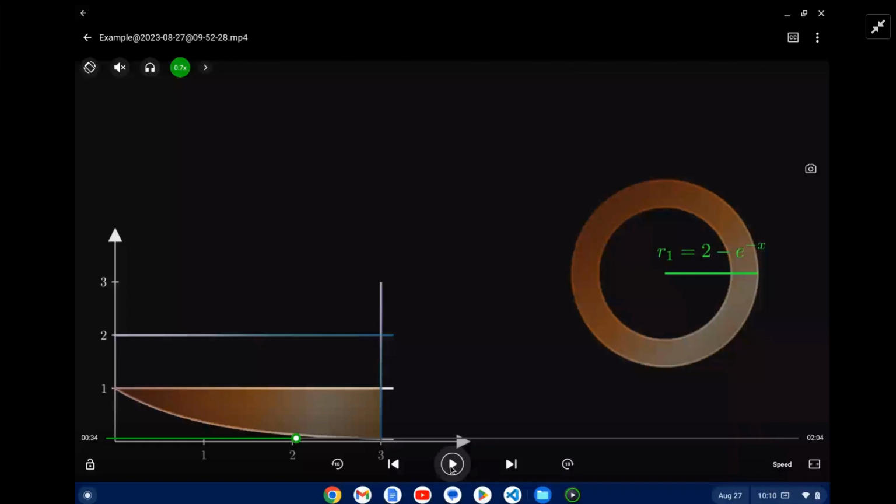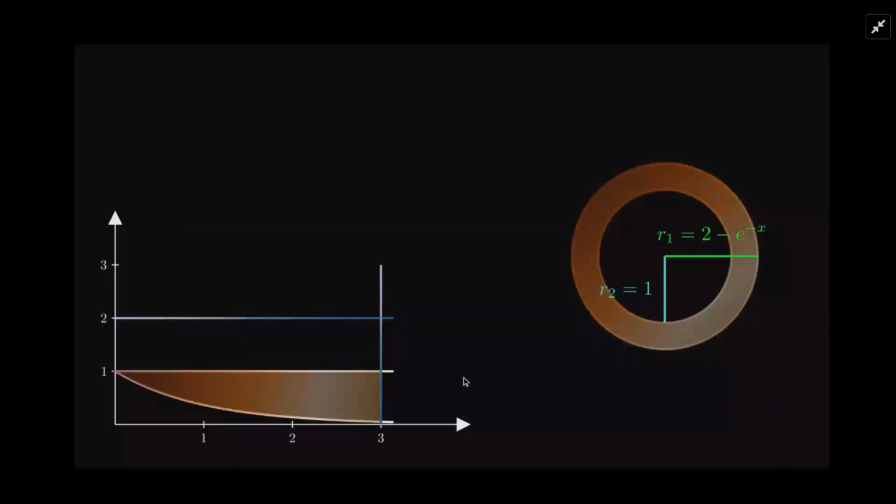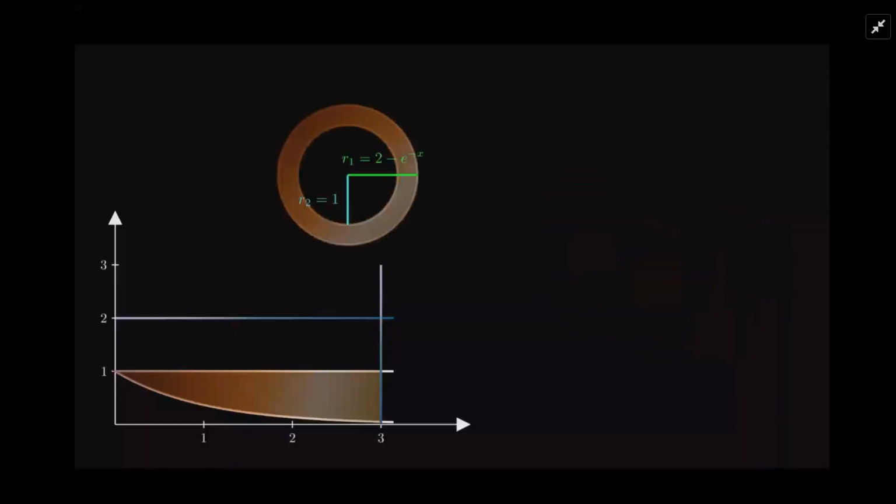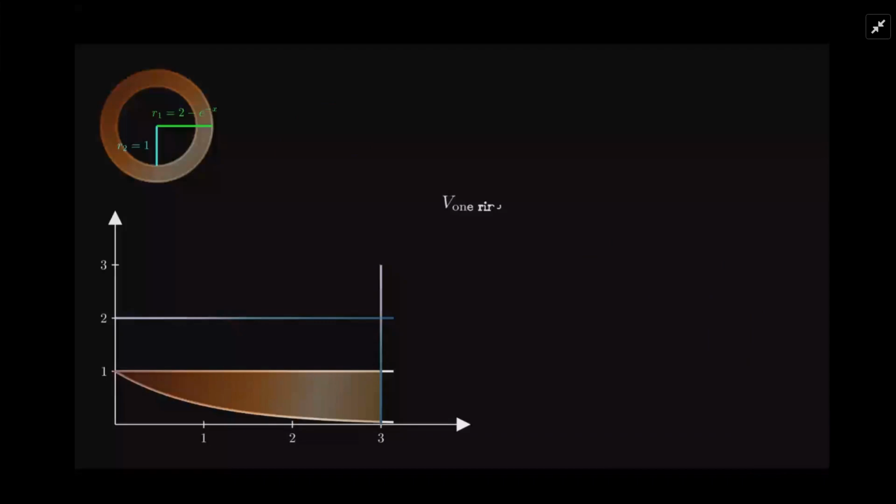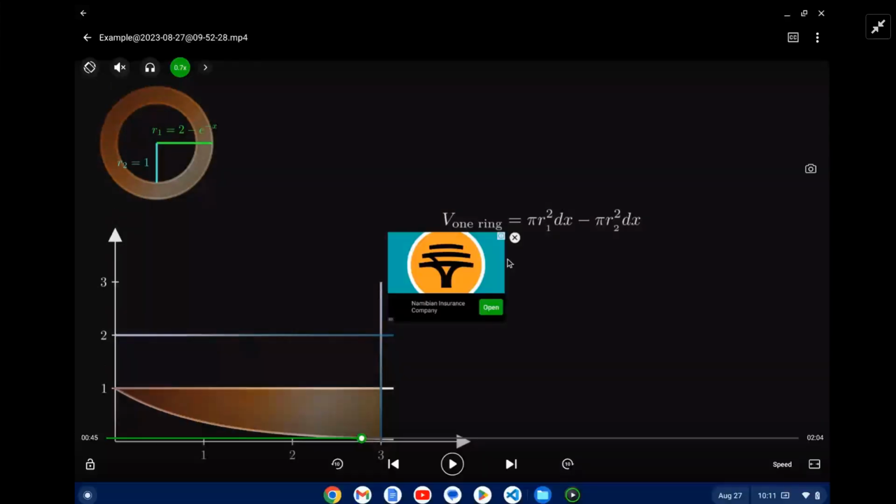Now we're going to slice this up into a bunch of rings and add that up. Let's look at one ring first. Think of it as the solid disk minus the smaller inner disk. So it's pi r squared, the outer radius, times the width.